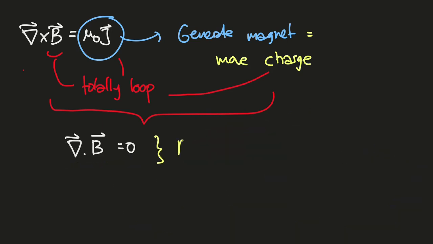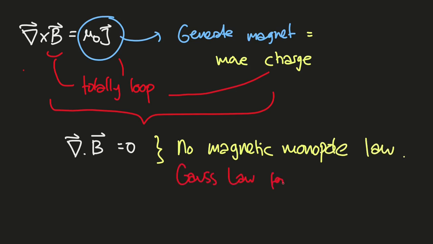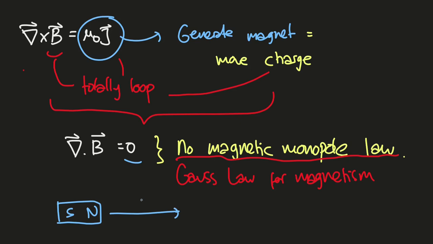This result is known as the no magnetic monopole law or Gauss law for magnetism, and by this law, even if we have an accelerated magnet, it still cannot create a monopole.